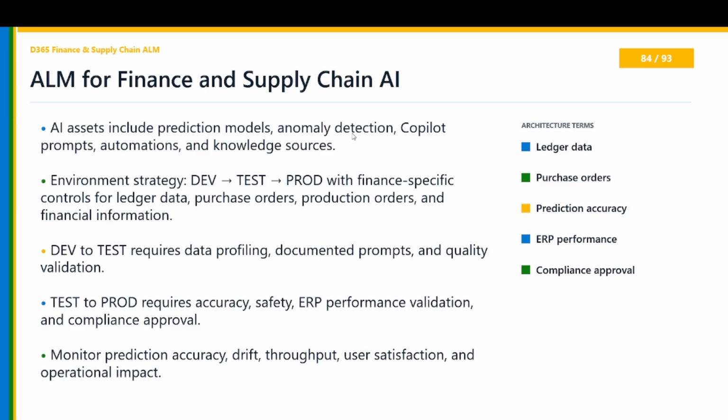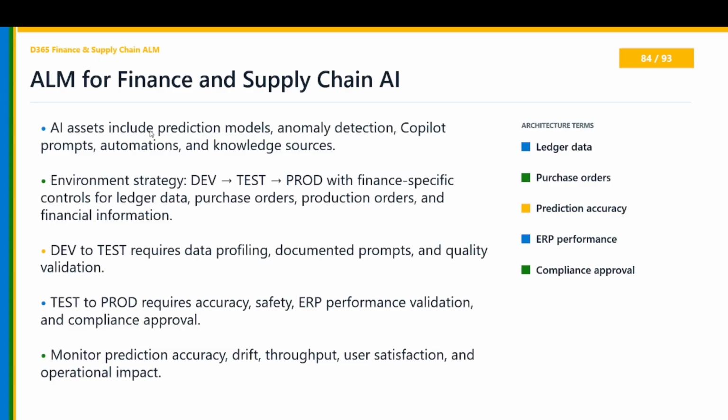It can help you track the supplier behavior over time and tell you whether the supplier is risky and the contract should be stopped. You can also use it to detect anomalies in the financial system, to detect where there is fraud, where there is an anomaly in payment, wrong purchase orders or fake purchase orders. Then Copilot prompts.